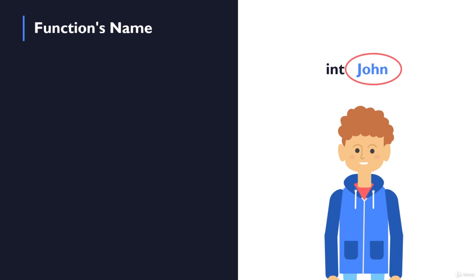And my tip for you guys when you're using functions: never get lazy about naming your functions, and always try to give your functions a name that describes its purpose, what it does, in the best possible way.